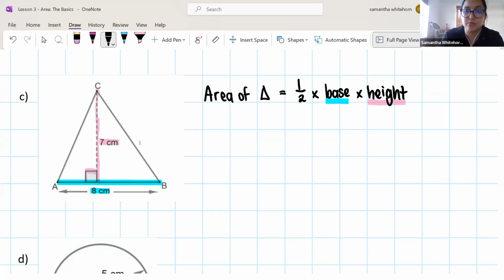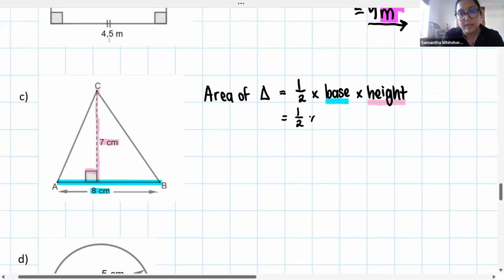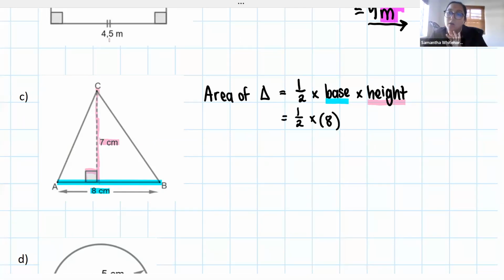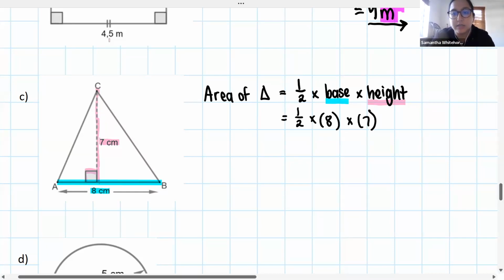So all we do once we have what we need is we substitute. So half times the base length of 8. I'm choosing to use brackets. You guys know that I always use brackets when I substitute. You don't have to. It's completely up to you. Times the height, which is 7 centimeters.